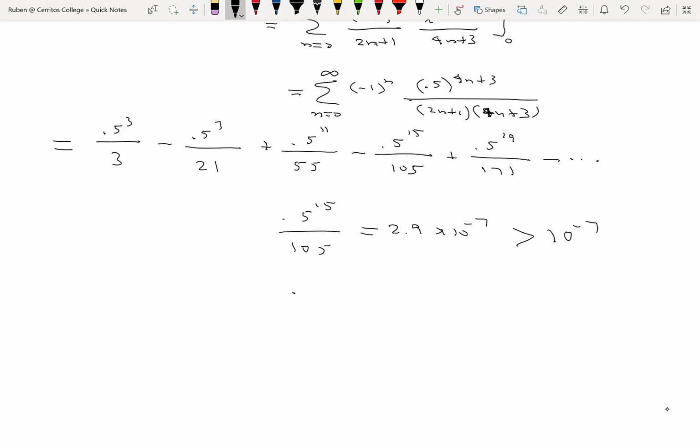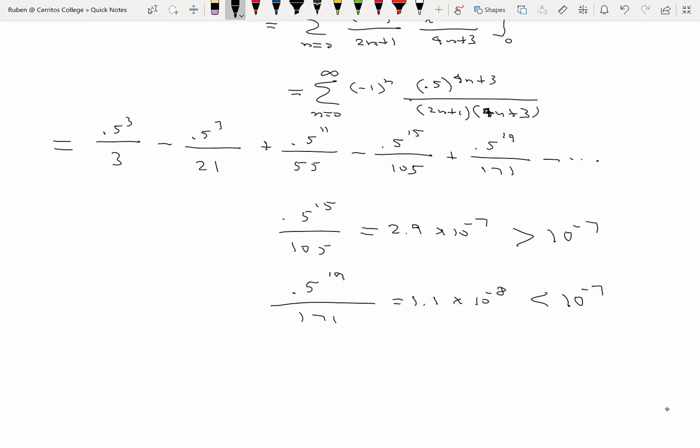The next term, 0.5 to the 19th over 171, is about 1.1 times 10 to the negative 8th. That is much less than 10 to the negative 7th.